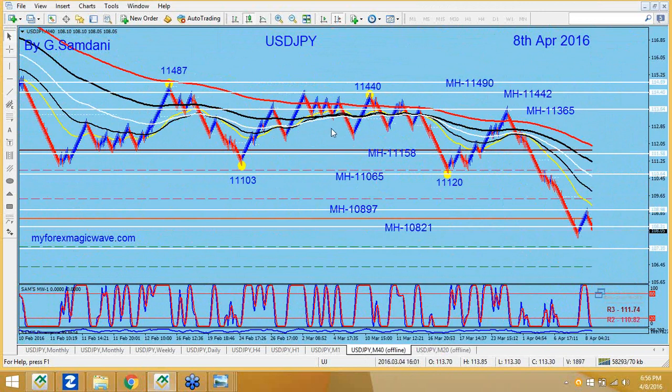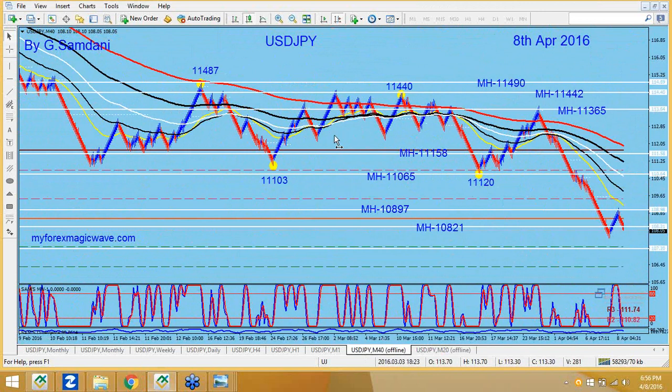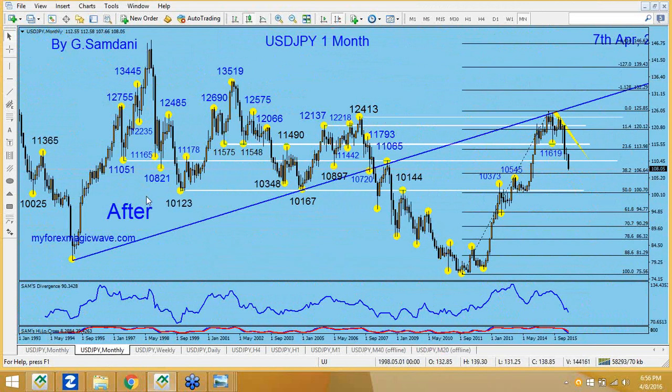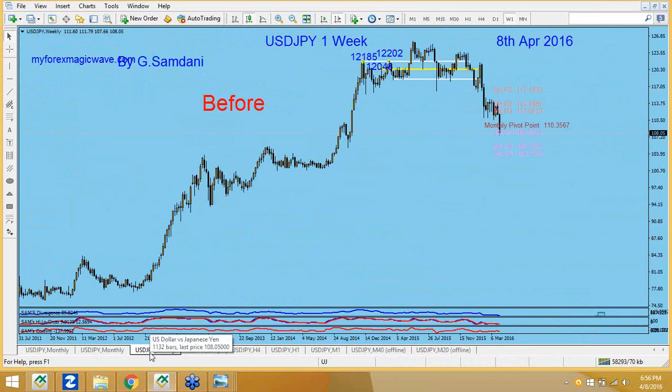I got this 1262 from where? It has to be somewhere here. I think that it was basically a 40-minute chart.